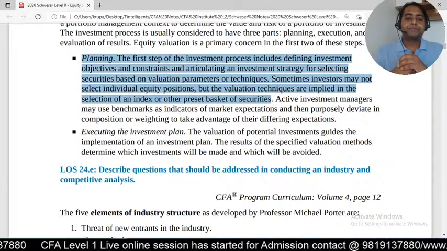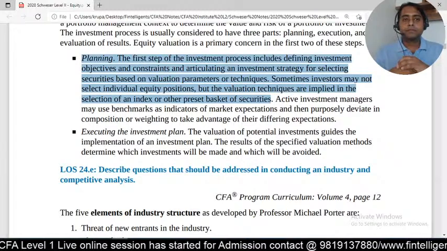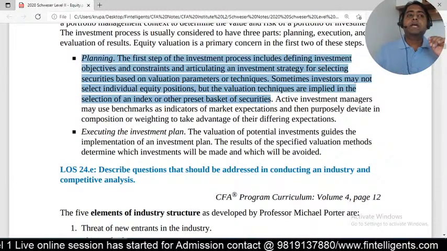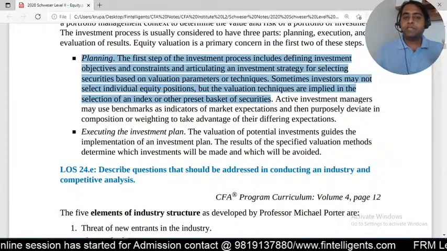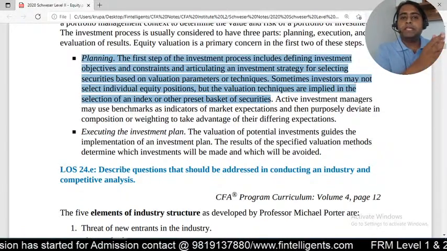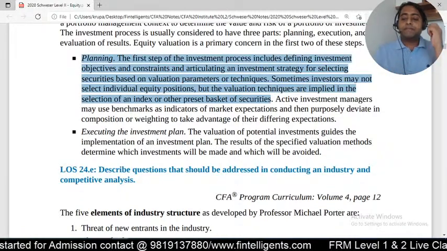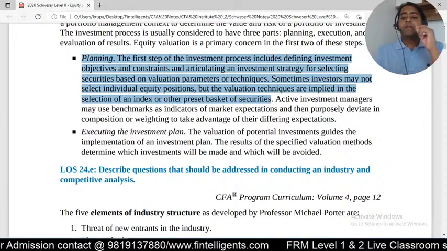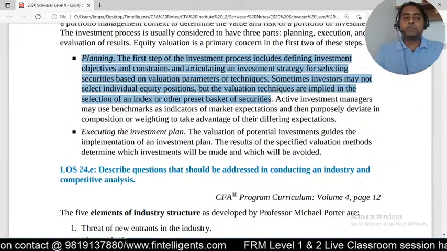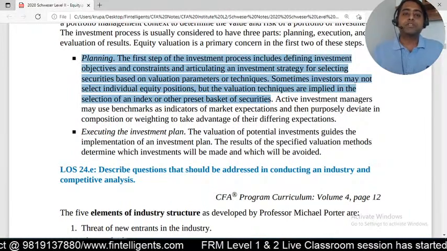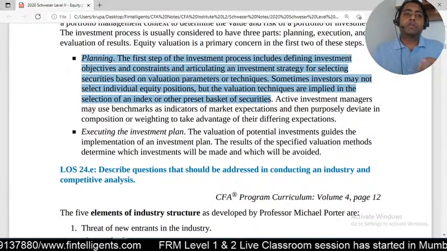Very simple, right? If it's a passive portfolio, passive investment where I'm directly going to copy the index, then I'm not worried about it. But if it's an actively managed portfolio, then I will have to take conscious decisions on which stock to add and which stock to remove.